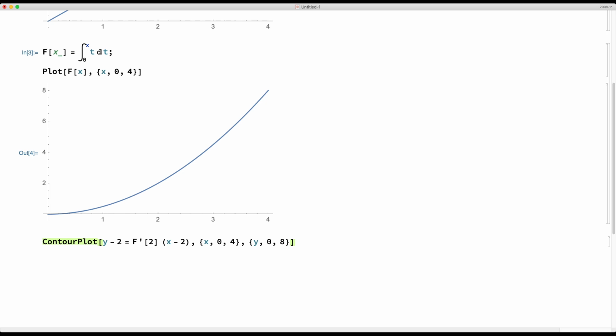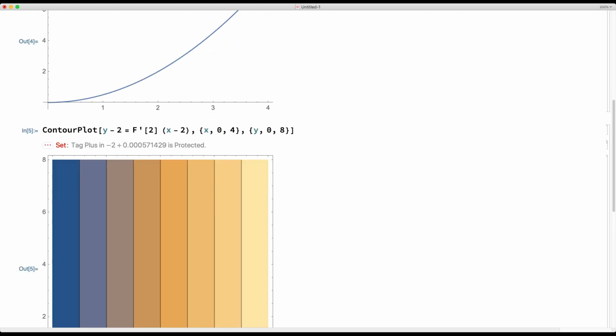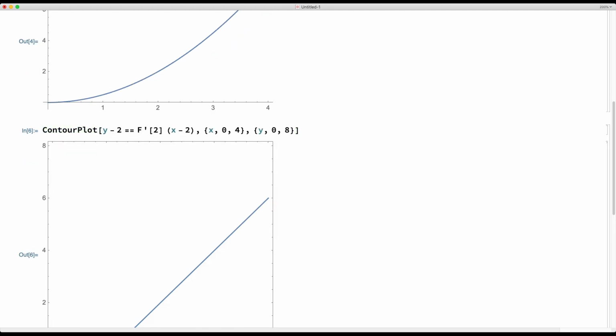And in fact, let me do this, since we're using Mathematica. Let's be smart. And this way you guys can look at whichever screen you wish. Good? So let's run this and see what we get. Oh, sorry, forgot the double equal. There we go.